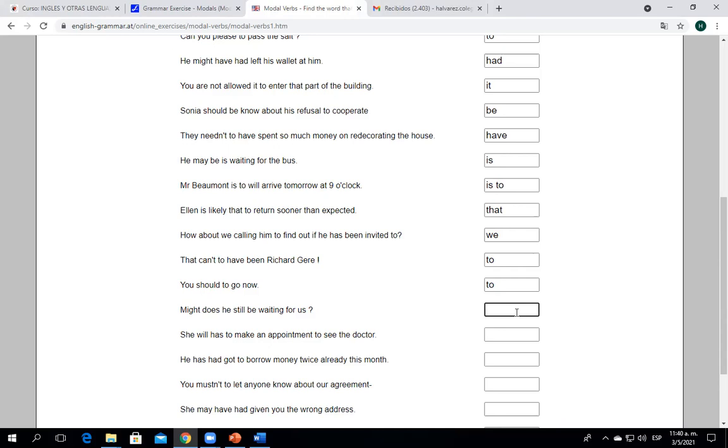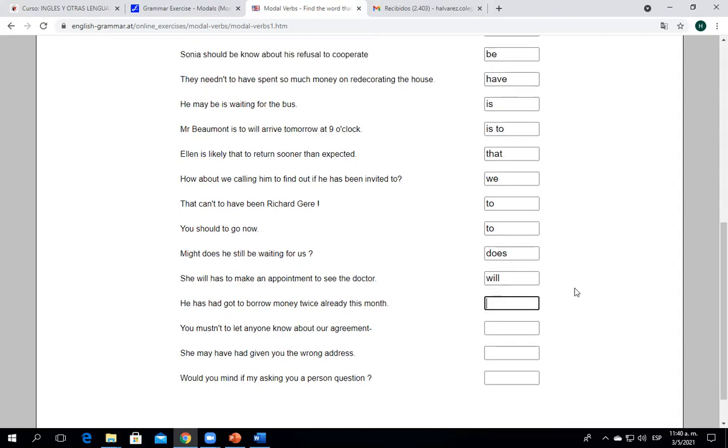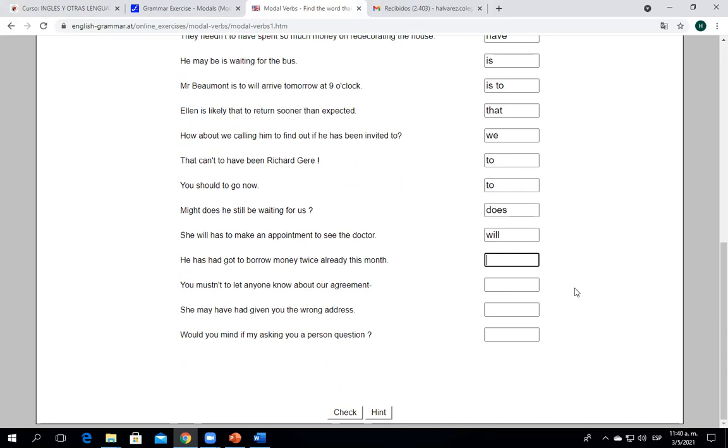What about this? Might does he still be waiting for us? Remember, modal verbs are their own auxiliaries. They do not need more auxiliaries. Does. Okay. She will has to make. Will. Okay. He has had got to borrow money twice already this month.